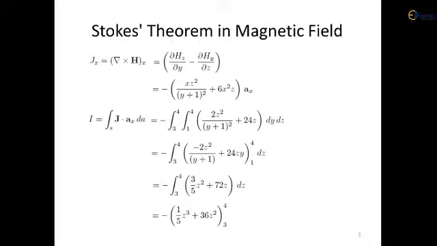So this integral will give us the new form where we have minus of, in the bracket, 1 by 5 z cube added to 36 z square, and the limits here we show outside the bracket from 3 to 4 here.